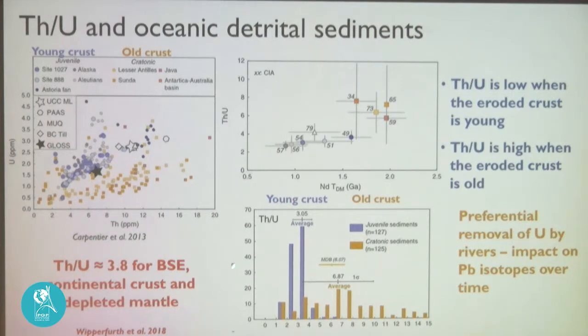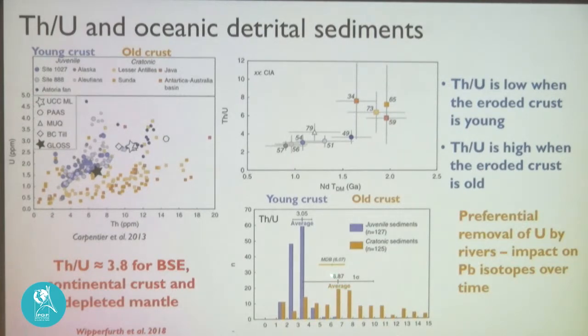It can be plotted in a different way here, and we see that on average the young terrains provide a low thorium-uranium ratio, actually even a bit lower than the continental crust value. But what is important is that when the crust has been exposed at the surface for a very long time, the ratio is very high.